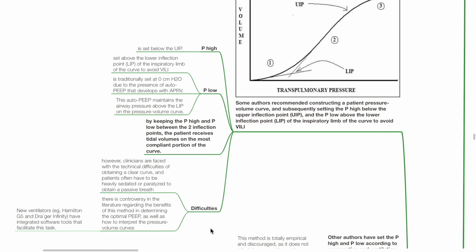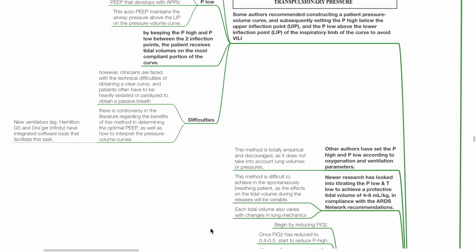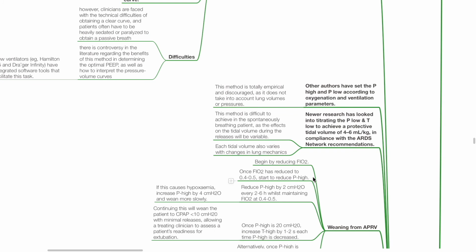New ventilators, such as the Hamilton G5 and Draeger Infinity, have integrated software tools that facilitate this task. Other authors have set the P high and P low according to oxygenation and ventilation parameters. This method is totally empirical and discouraged as it does not take into account lung volumes or pressures.